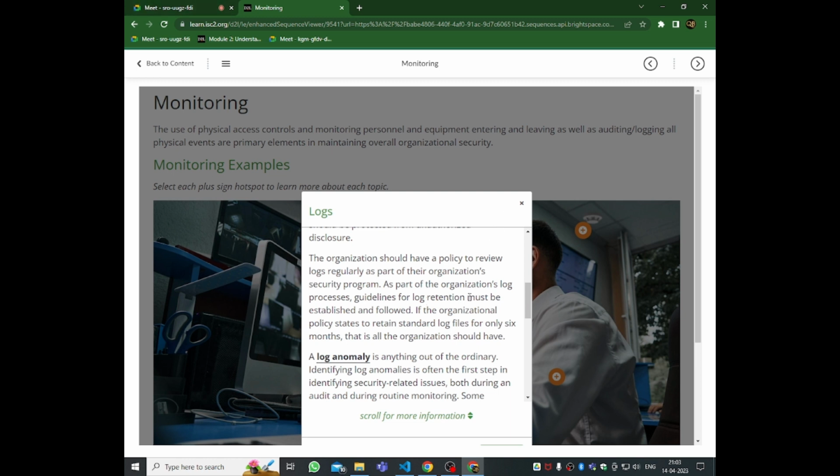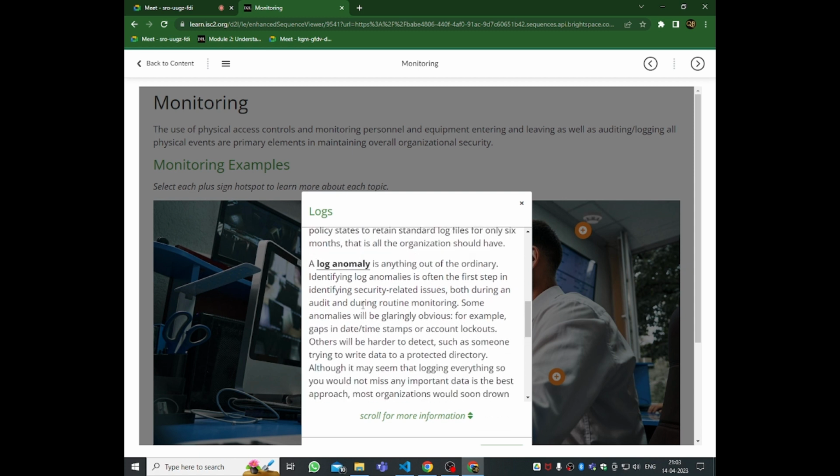As a part of the organization's log process, guidelines for log retention must be established and followed. If the organizational policy states to retain standard log files for only 6 months, that is all the organization should have. A log anomaly is anything out of the ordinary.